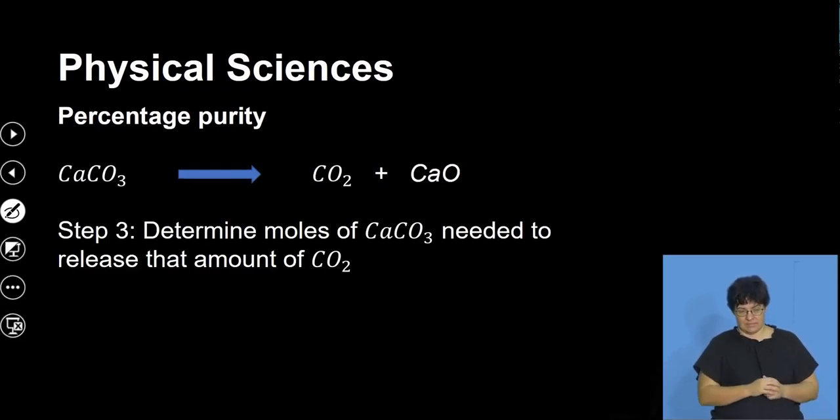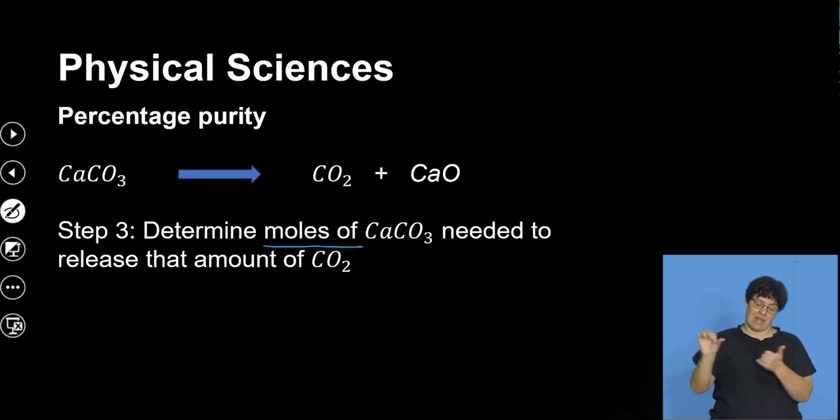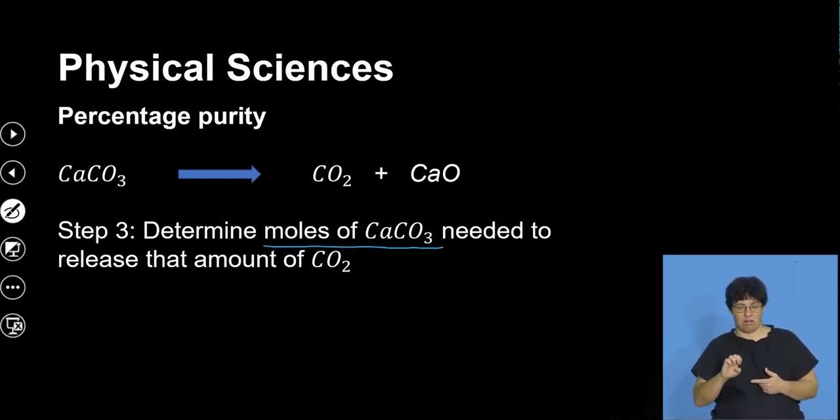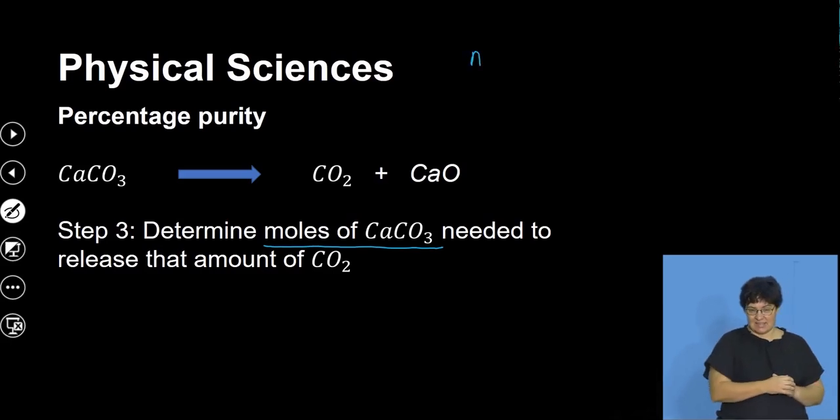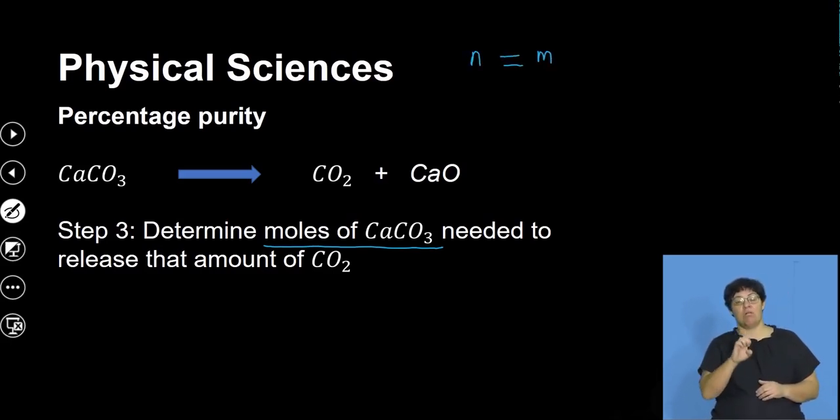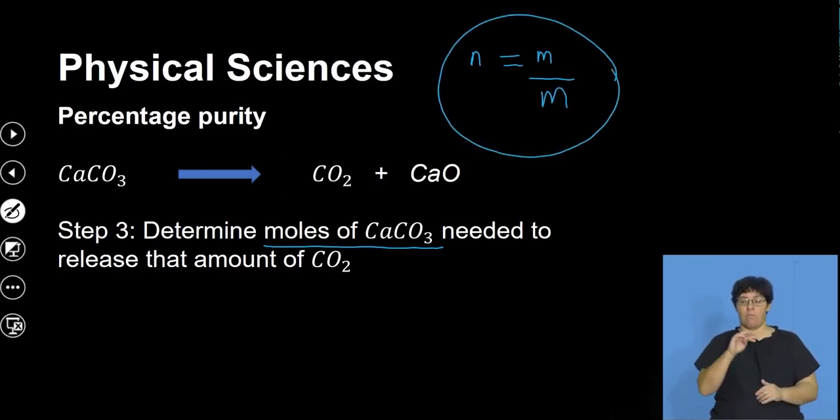So step 3, we work backwards. We determine the moles of calcium carbonate needed to release that amount of carbon dioxide. The idea that the number of moles of a substance equals the mass of the sample over the molar mass is central here, and so is the stoichiometric ratio of 1 to 1 to 1.